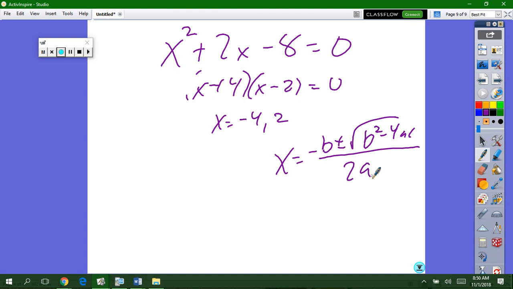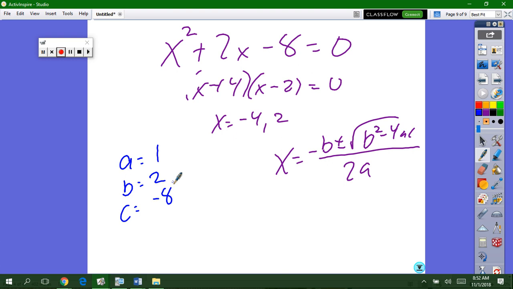That's what we're going to be using, but I need to know who's my a, b, and c. Who's my a? 1. Who's my b? Who's my c? Everybody understand where I found my a, b, and c?